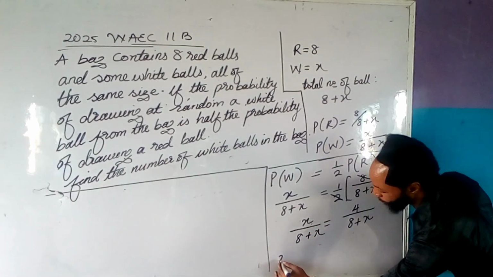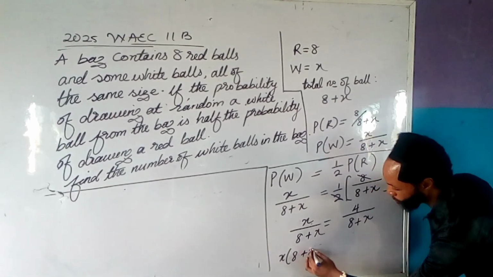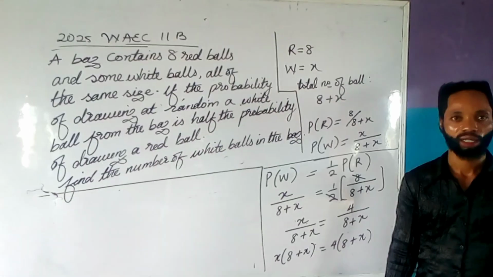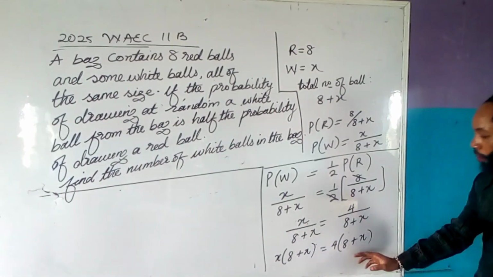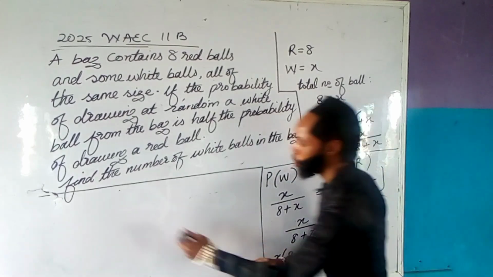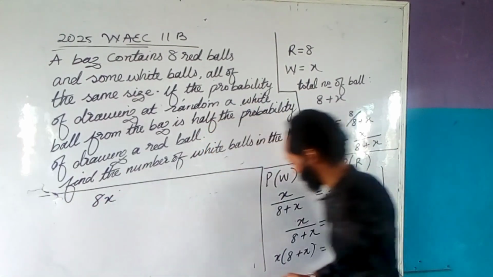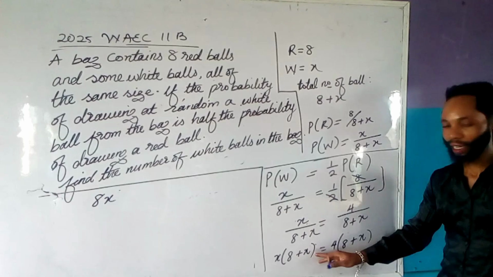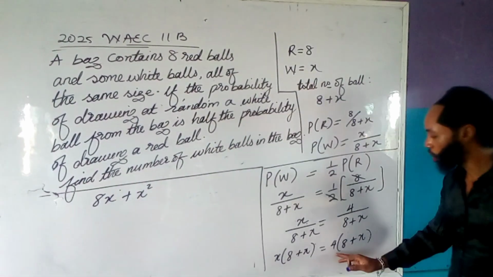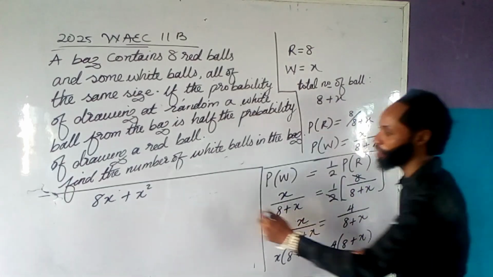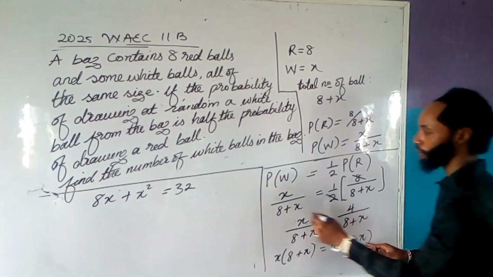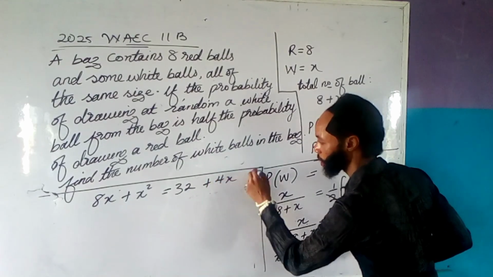We're going to have X into bracket 8 plus X equals 4 into bracket 8 plus X. Now, opening the brackets, X times 8 is 8X, X times X is X squared. Then 4 times 8 is 32, and 4 times X is plus 4X.